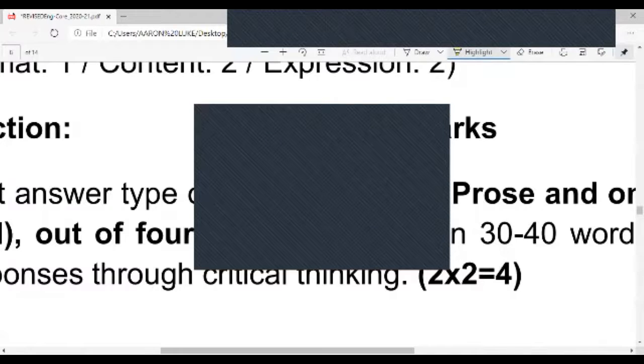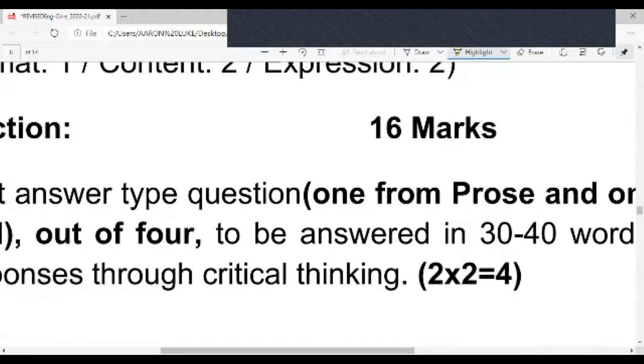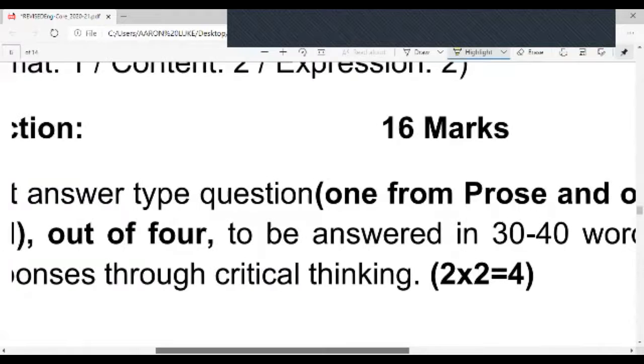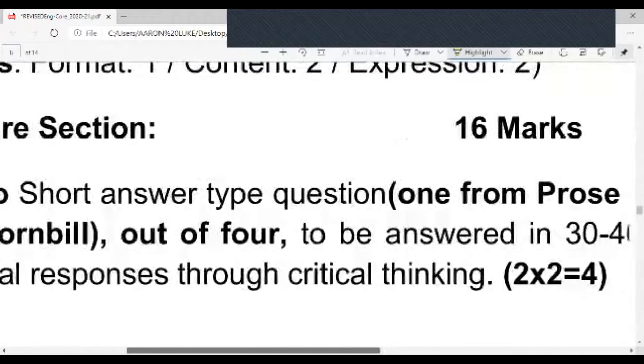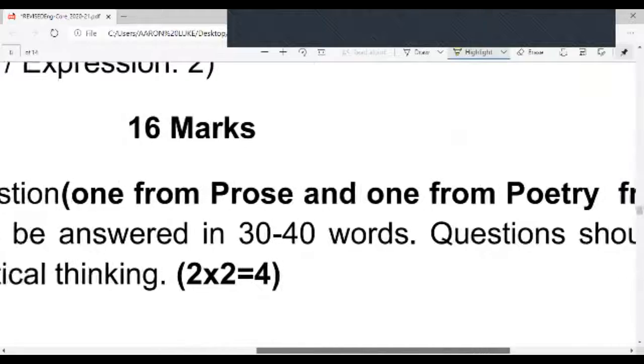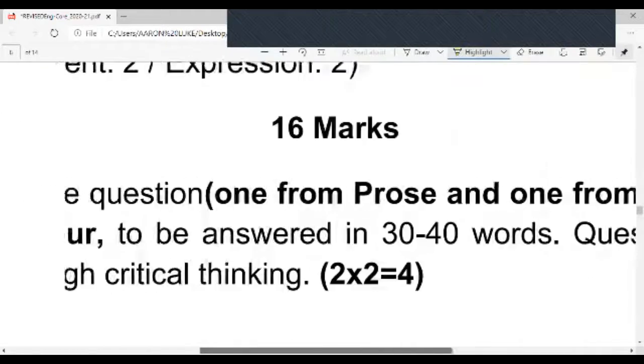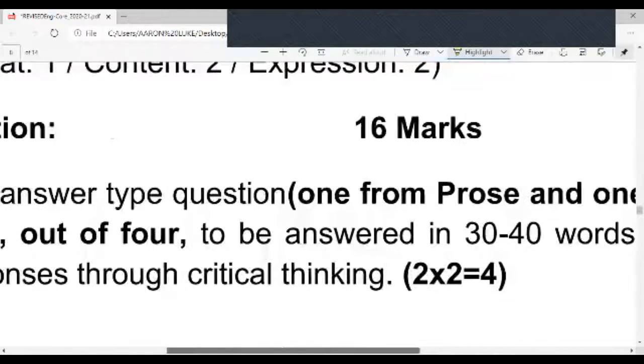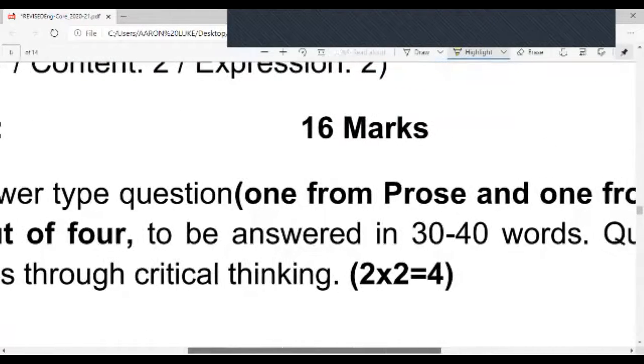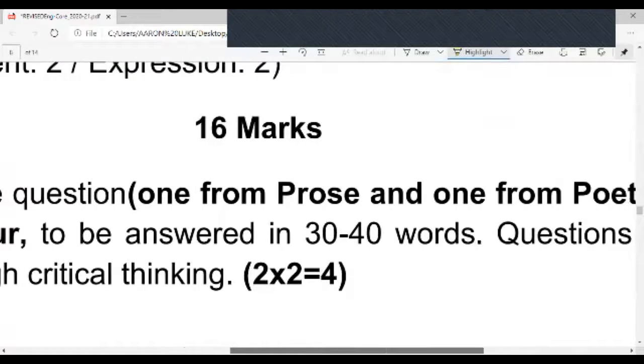The number of extracts will differ accordingly, but kindly write down this particular thing: two short answer type questions, one from prose and one from poetry, from the Hornbill, out of 4 to be answered in 30 to 40 words. Each extract will carry 2 questions, so when you write 2 extracts, it will come as 4 questions over there.